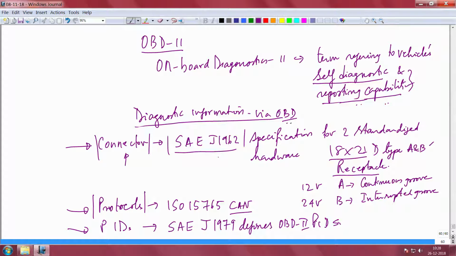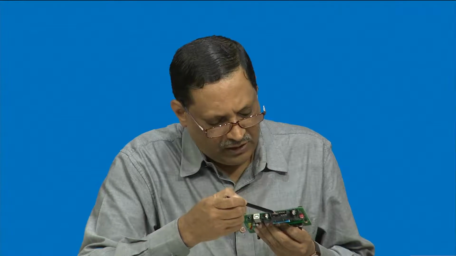You do not want A to mate into B, and therefore, while the receptacle housing looks the same, the groove you see in the middle is continuous in type A, so you can move your pencil straight along it with no cuts, whereas there will be an interruption somewhere in the middle if it is type B. So you cannot take A and put it into B and vice versa. That is essentially the idea.